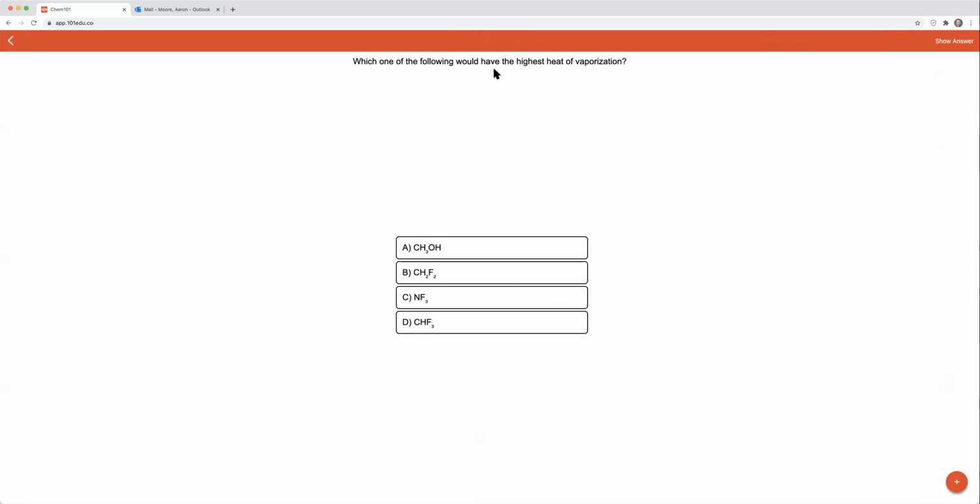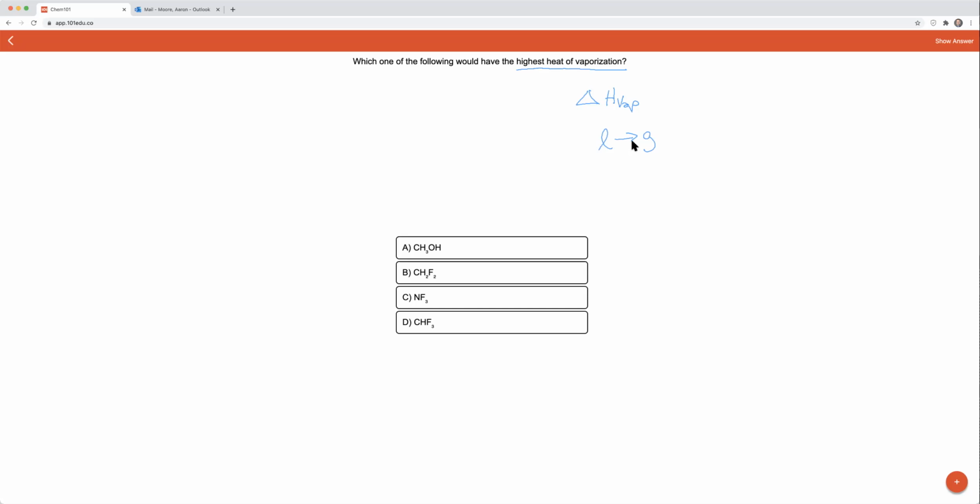Okay, so similar problem, but it's got a little bit different parameter. So instead of boiling point, now we're talking about the heat of vaporization. So remember what that is, the delta H of vaporization, okay? That is a measure of the amount of energy per mole that it requires to vaporize something. So it's the amount of energy that causes a liquid substance to become a gas.